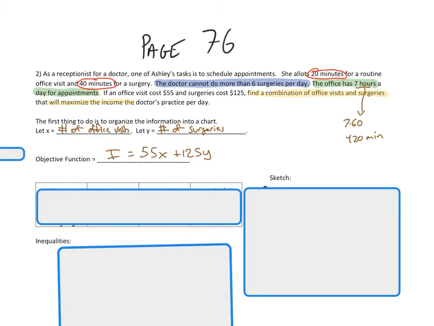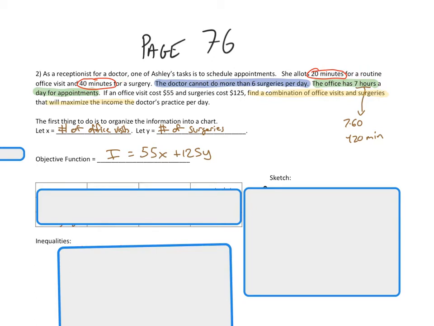Okay, so our constraints, let's see. We're told the doctor can't do more than 6 surgeries a day. And what I noticed there is that's a straightforward constraint. It's just number of surgeries can't be more than 6. Then the office has 7 hours a day for appointments. I noticed, okay, 7 hours, but the appointments were either 20 minutes or 40 minutes.